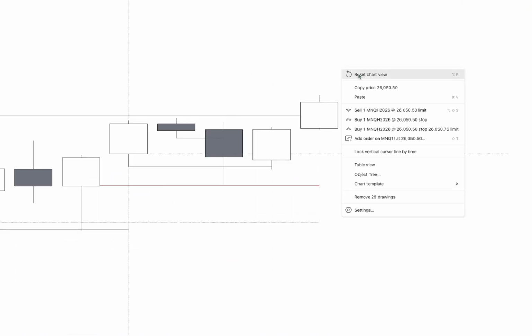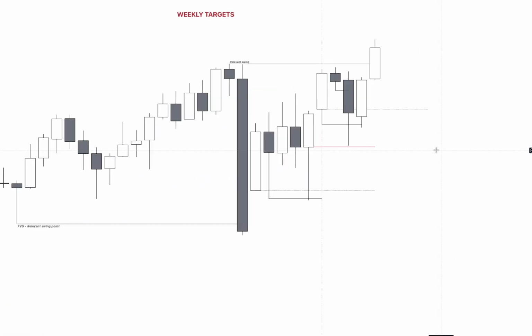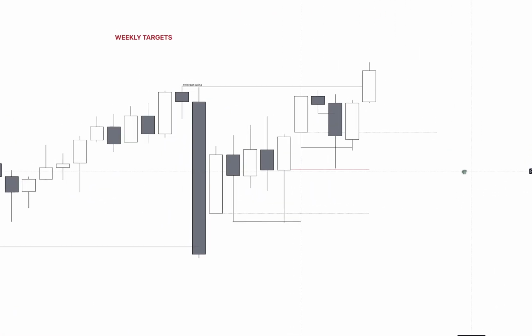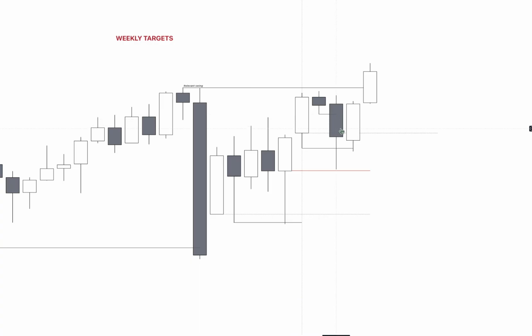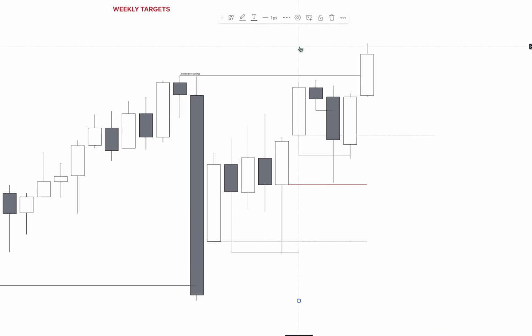So when you go into the daily, most likely what might happen is that the first few days of the week it might trade lower into a specific level, right? On Monday, we traded higher, but we did not go to the relevant swing. We did not trade into it. Tuesday, it just consolidated.